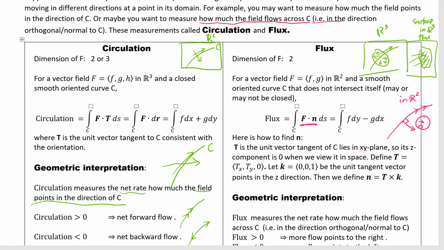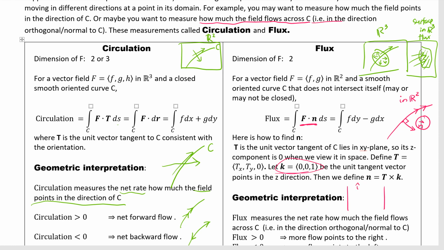So this n will be perpendicular to the unit tangent vector, and it's also perpendicular to k. k is the vector in the z direction, which means n is going to be in the xy plane and orthogonal to T. So what is this cross product?